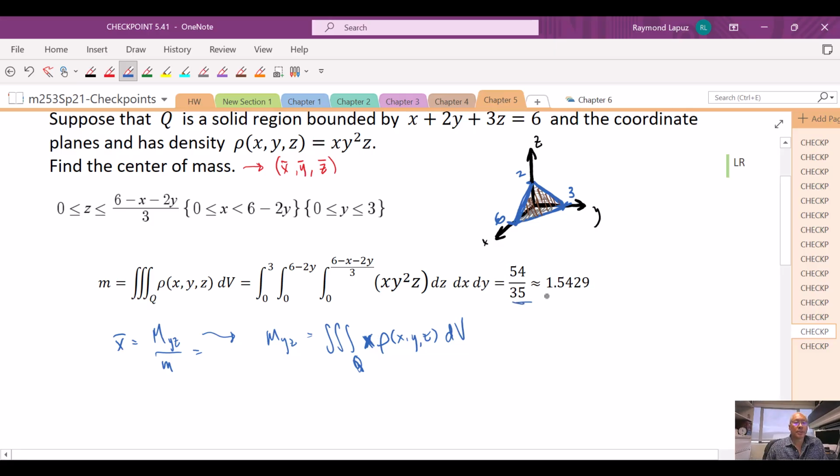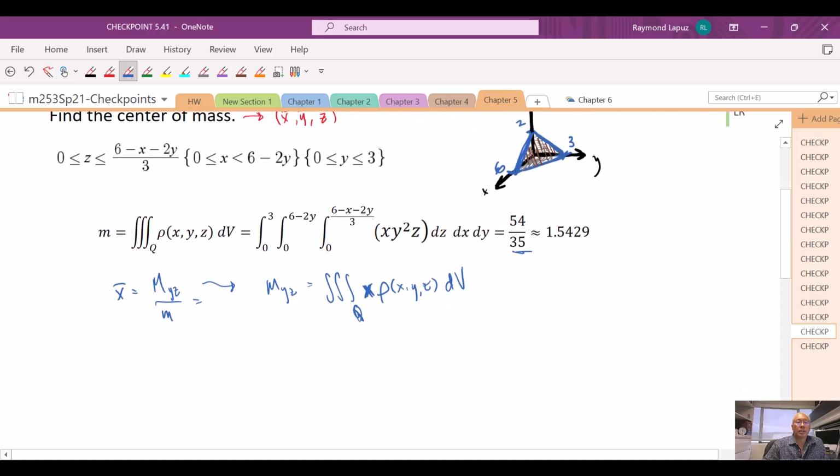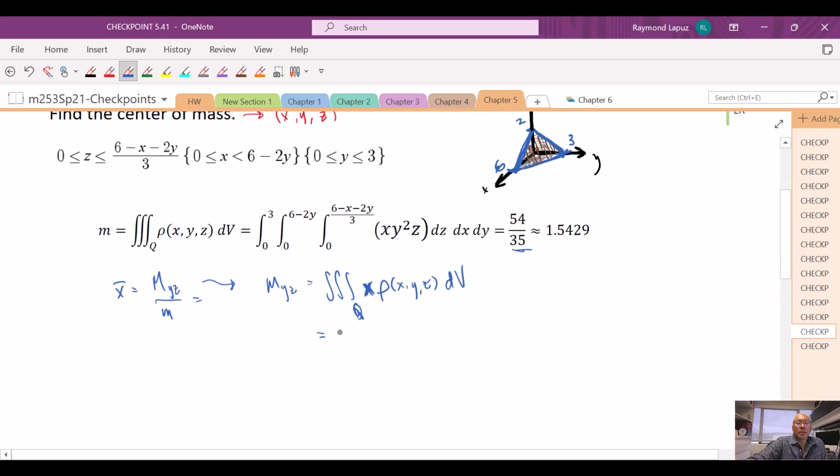Essentially, we need to do this triple integral about 3 times and then divide it out. So the triple integral from 0 to 1/3 (6 minus x minus 2y), 0 to 6 minus 2y, and then 0 to 3, of not just the density function, but x times the density function.